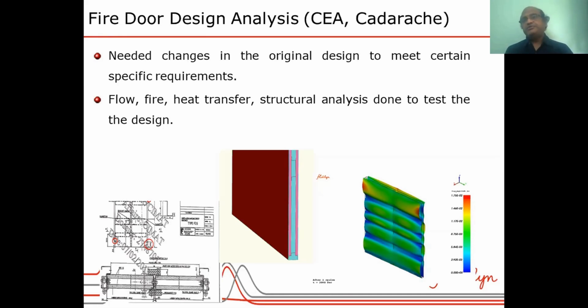These are designed to withstand earthquakes, an explosion wave from an explosion outside, or even an aircraft crash into the building, into the reactor, into the plant. And these are a special kind of doors, so they are multi-layered.